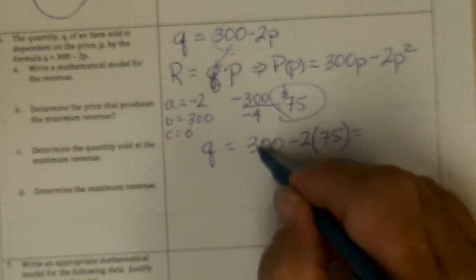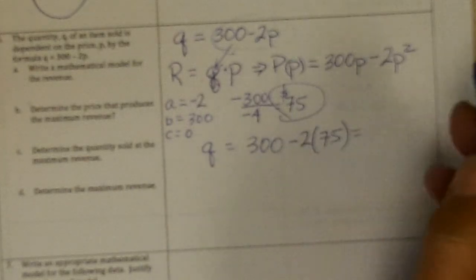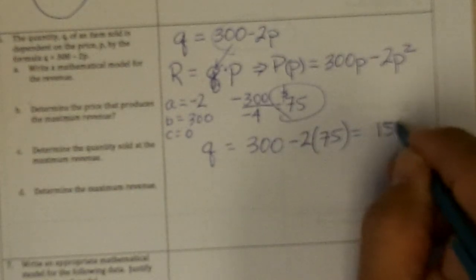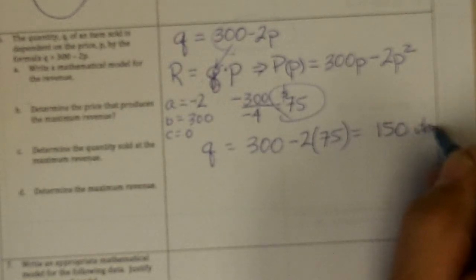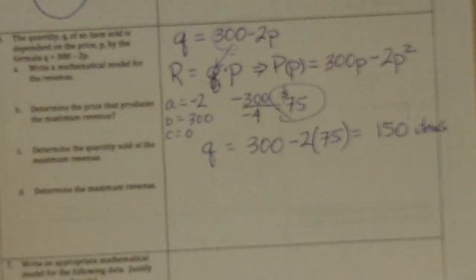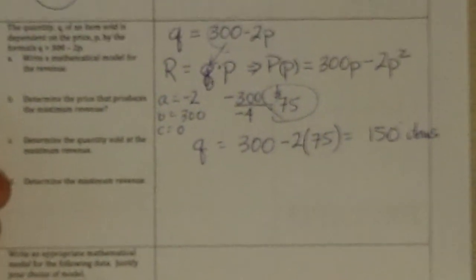So that's 300 minus 150, which is 150 is the quantity. 150 items.